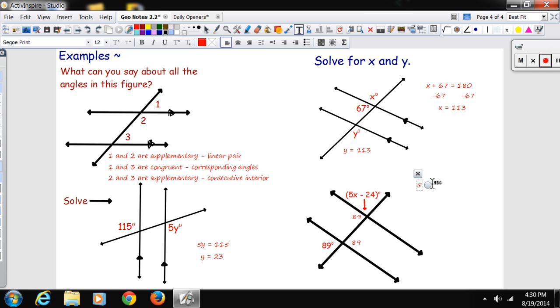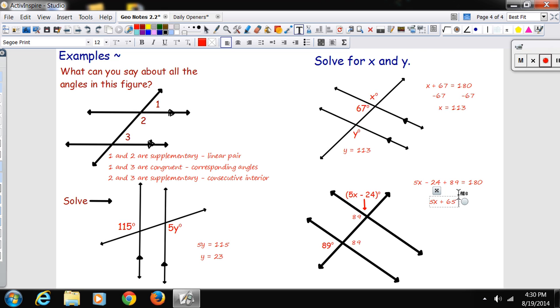So you're going to put 5x minus 24 plus 89 is going to equal 180 degrees. And then you want to combine your like terms. You're going to subtract here. So you get 5x plus, and when you subtract 89 minus 24, you get 65.